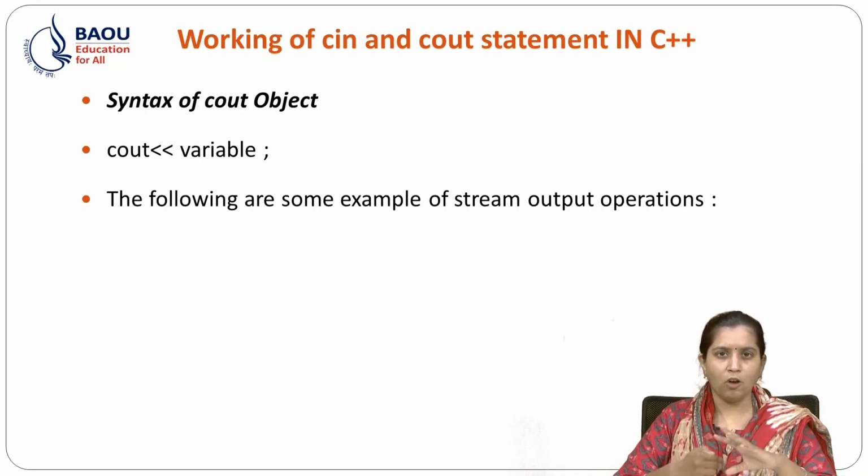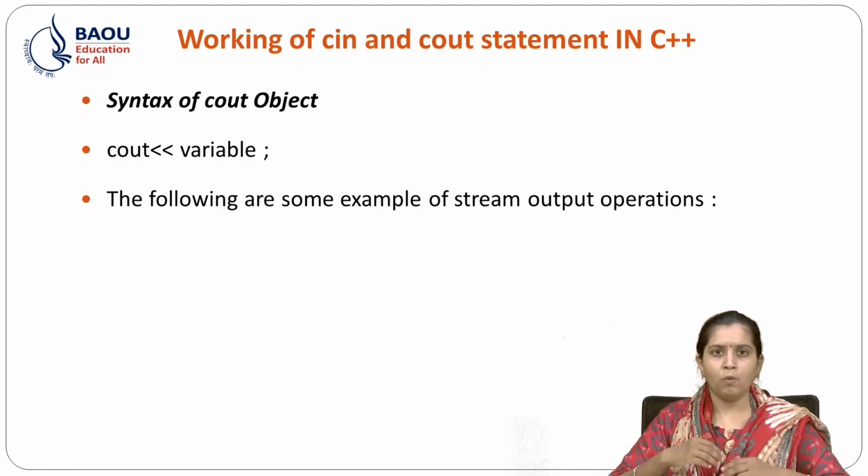The syntax of the standard output operation is cout, then insertion operator, and then the items which we will store in a variable. It will simply display the variable on my screen.